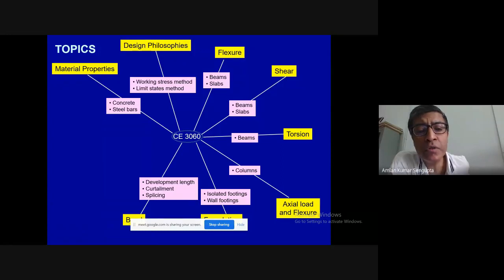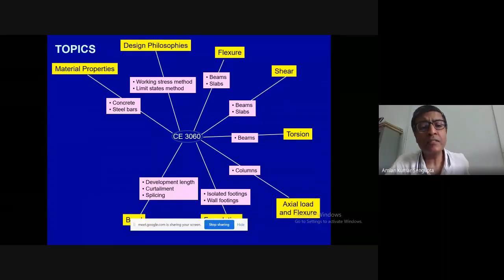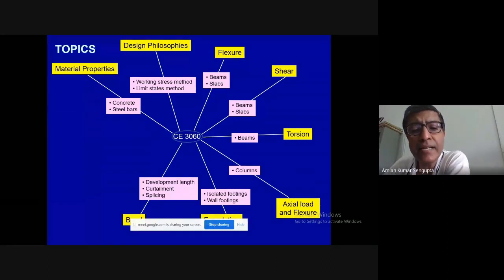Without the bond, we cannot have reinforced concrete act together. Now, that bond is studied under different subtopics like development length, curtailment of the bars, and splicing. These words right now I am skipping. We will be studying them as we move on.